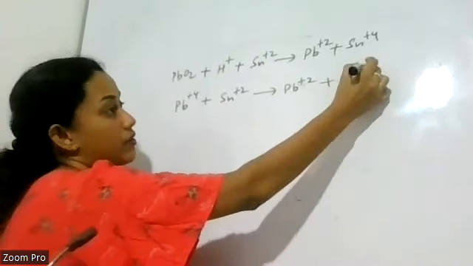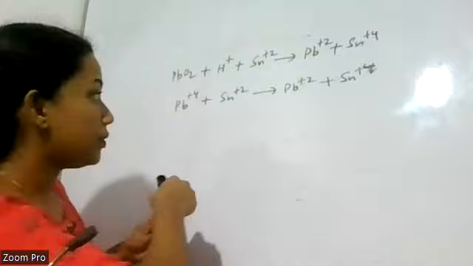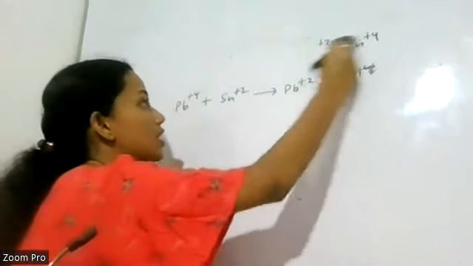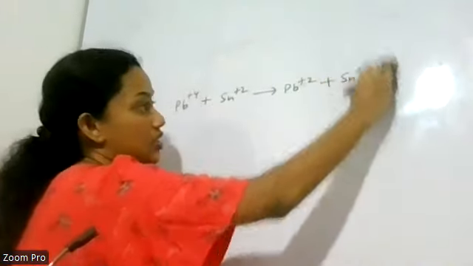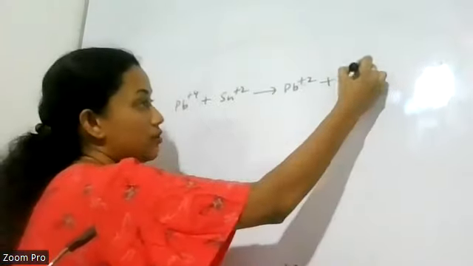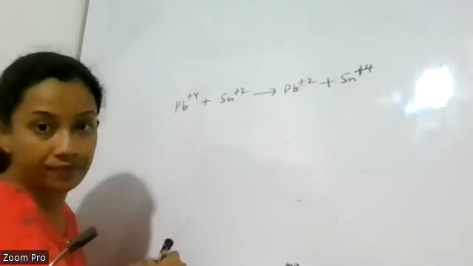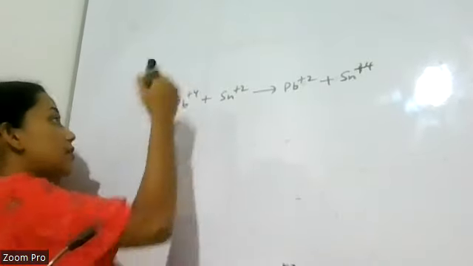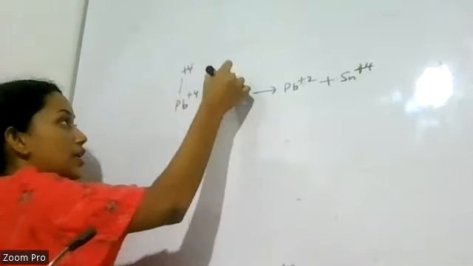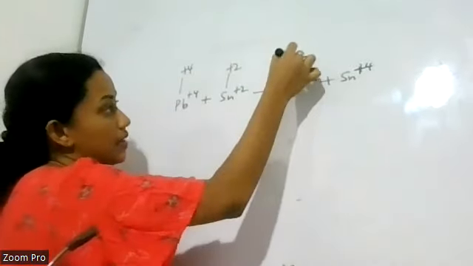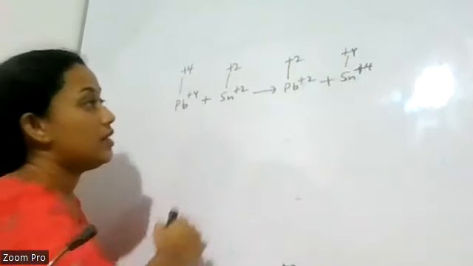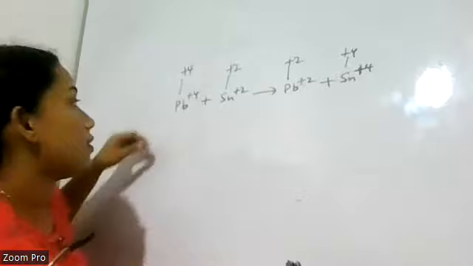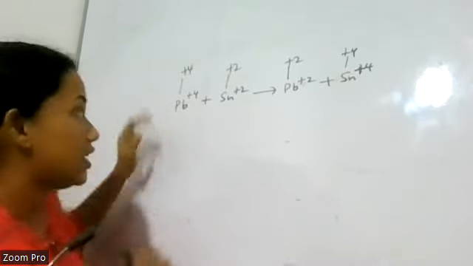What about our first step? We have to identify the oxidation numbers of each species. Here plus 4, here plus 2, here plus 2, here plus 4. Then we can find the oxidizing and reducing agents.